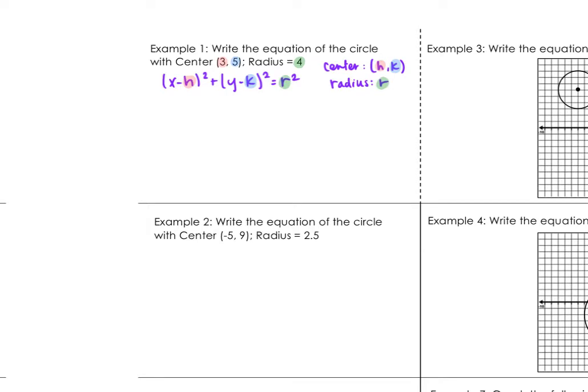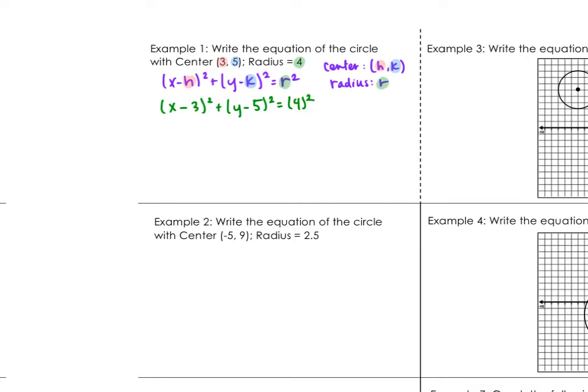So the equation of my circle is going to be (x - 3)² + (y - 5)² = 4². The only thing that we need to simplify is 4 squared, which is 16.